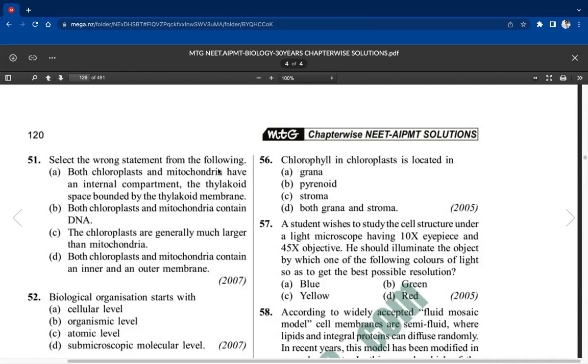In mitochondria, the internal compartment is called the mitochondrial matrix. Remember the lumen and the mitochondrial matrix? So you know the answer, but you're getting tricked into always finding the right one. So don't get tricked. For question 51, the right answer is A, and Iram gave the answer pretty fast. Well done.